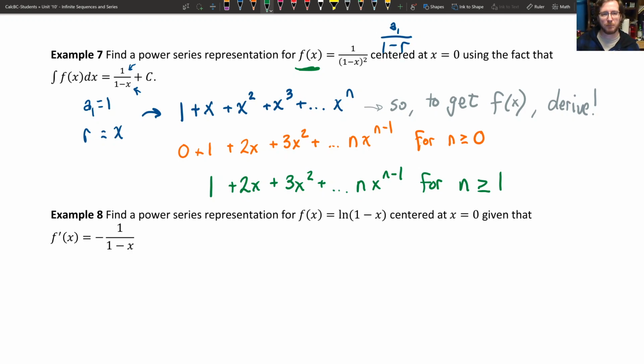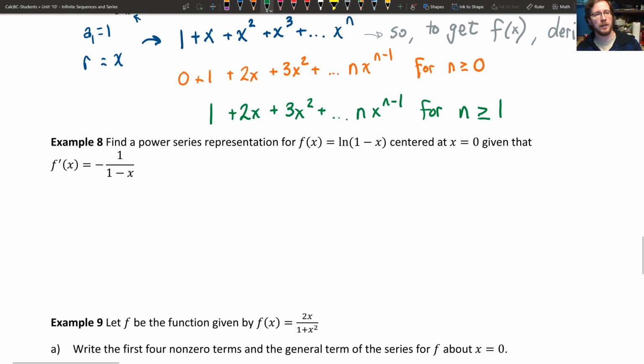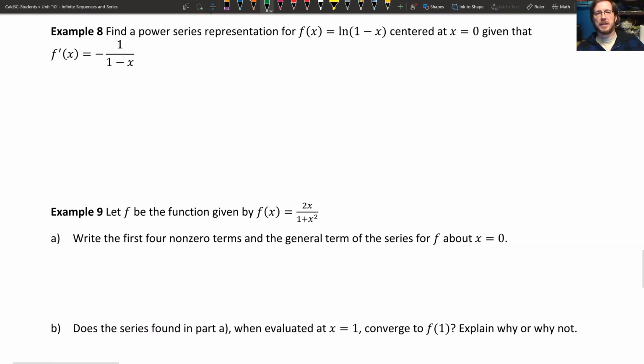Love it. Next up, example 8. It says find a power series representation for f of x equals natural log of 1 minus x centered at x equals 0, given that f prime of x equals the opposite of 1 over 1 minus x. Same deal here. This in no way looks like our first term over 1 minus r, so we can't go straight to our power series for f of x.